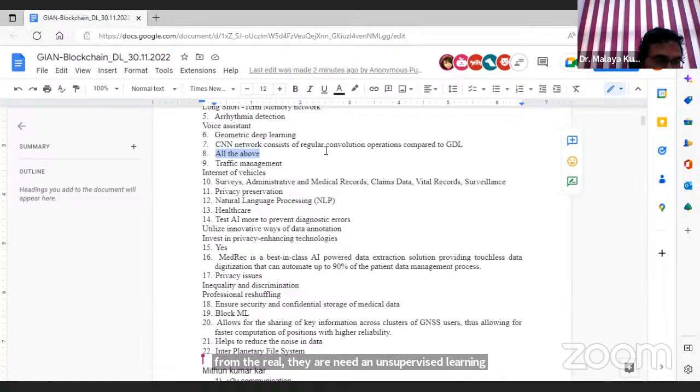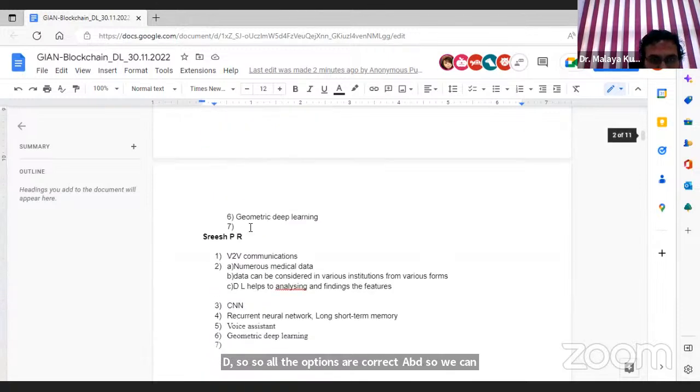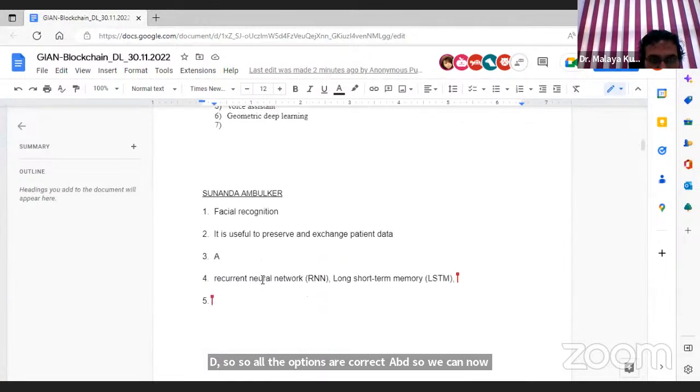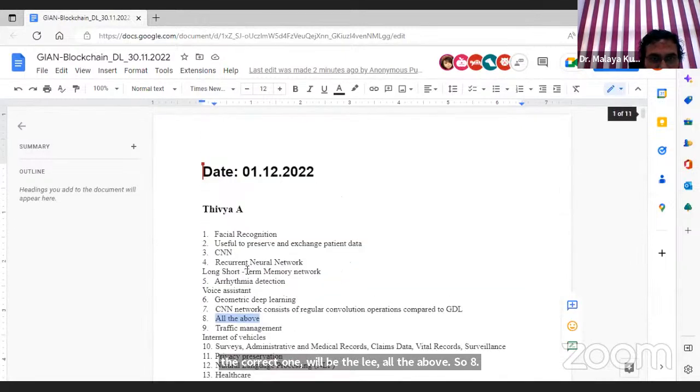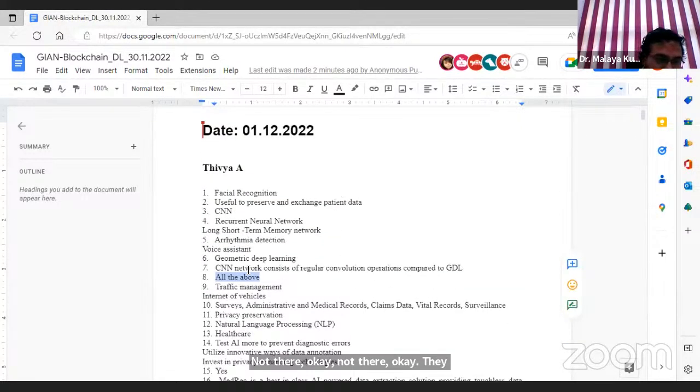Yes, GAN is working on the principle of unsupervised learning. So the correct options are A, B, C, D. All the options are correct, A to D. So the correct one will be E, all the above. Option E is the correct answer. Next, we'll come to question number 9.